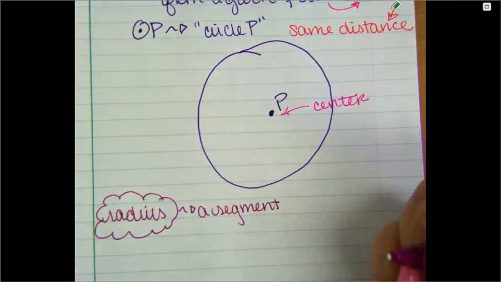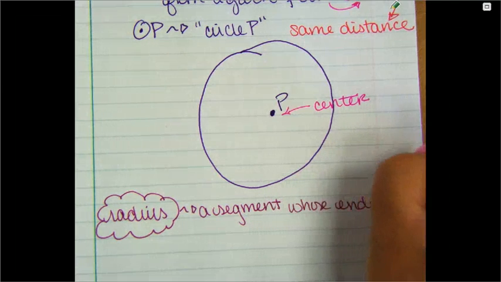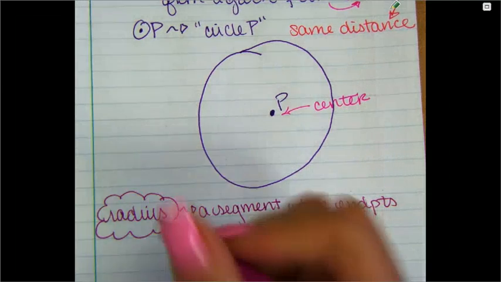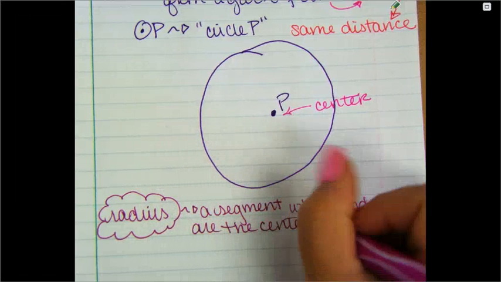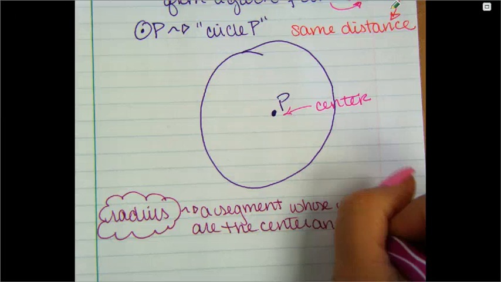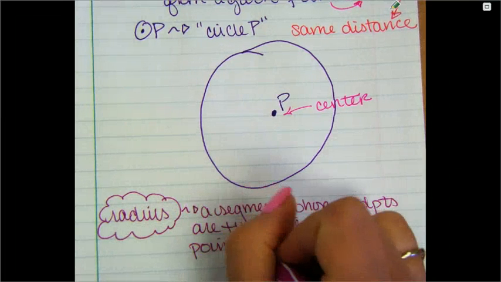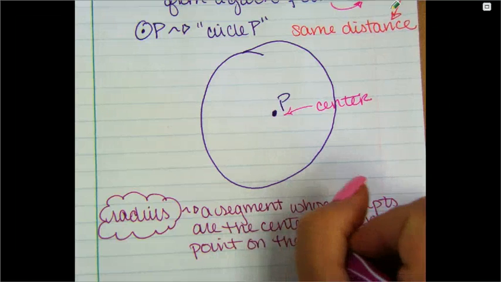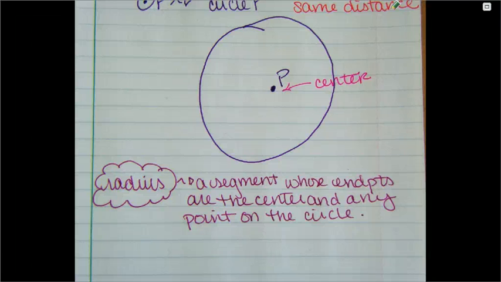So a segment whose endpoints are the center and any point on the circle.